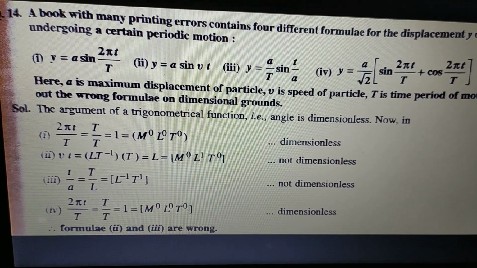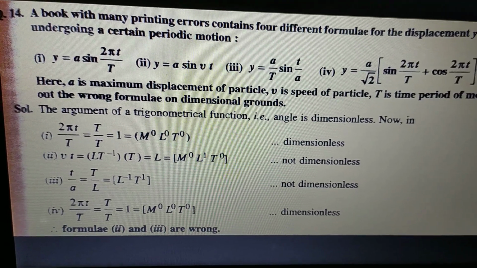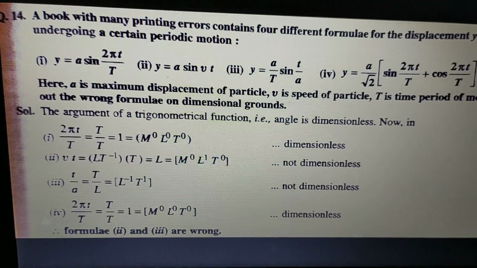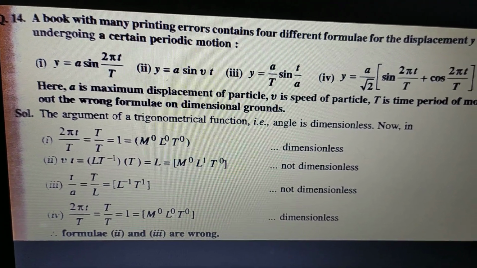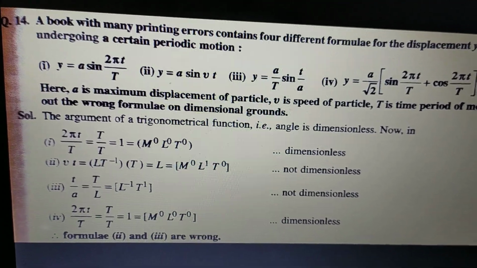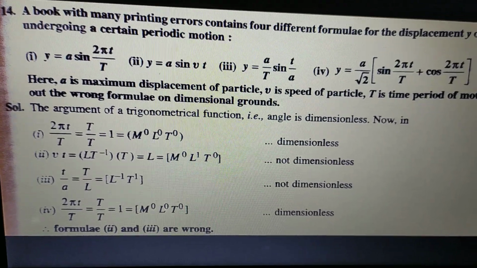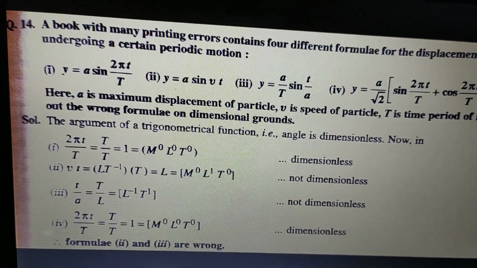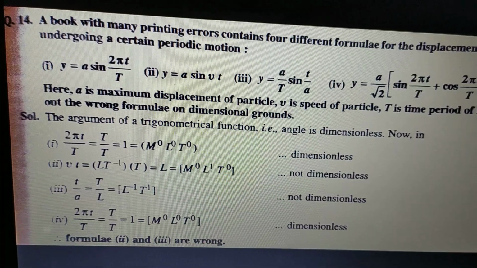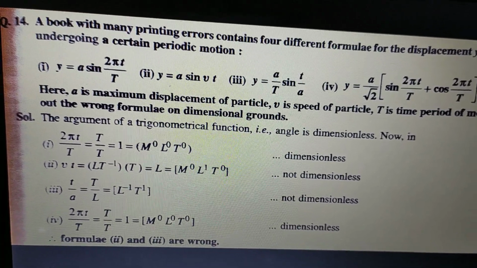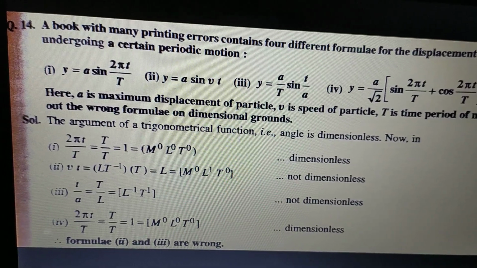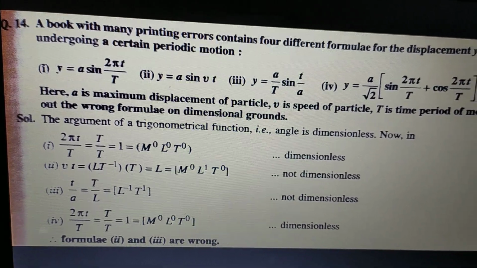This a divided by T, or T divided by a, we have to check these dimensions. So it is equal to T, that is time, which we represent by capital T, and a by capital L. So what will be the dimensions? L inverse and T1, that is L minus 1 T1. So it has some dimensions, so it is not dimensionless.